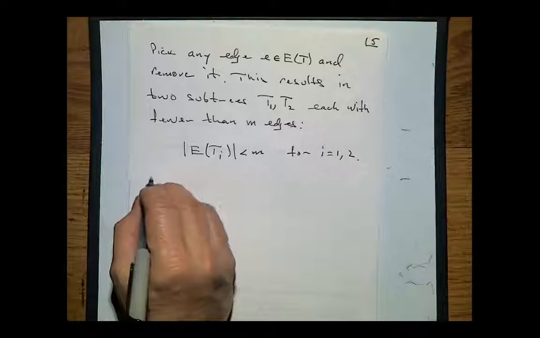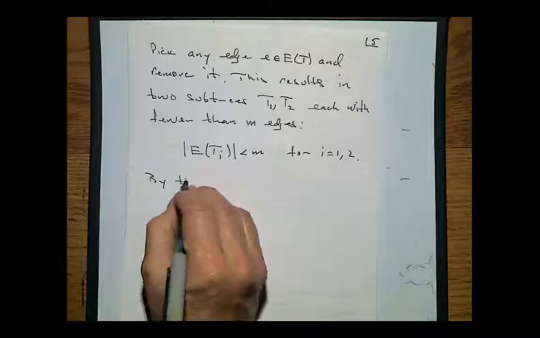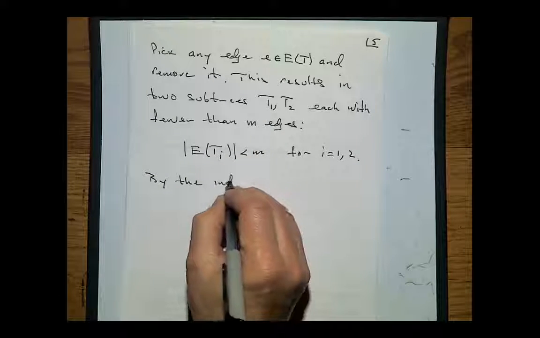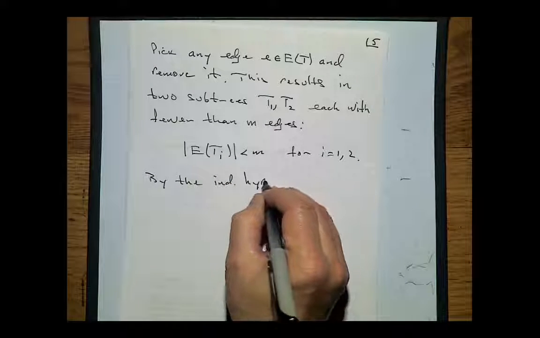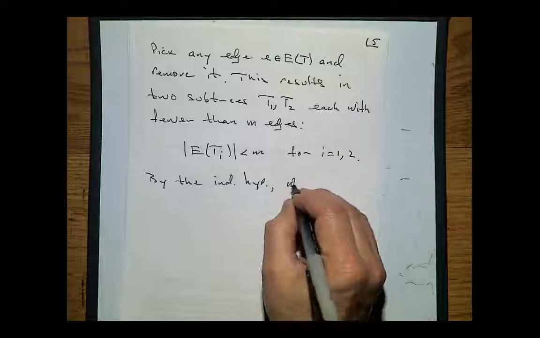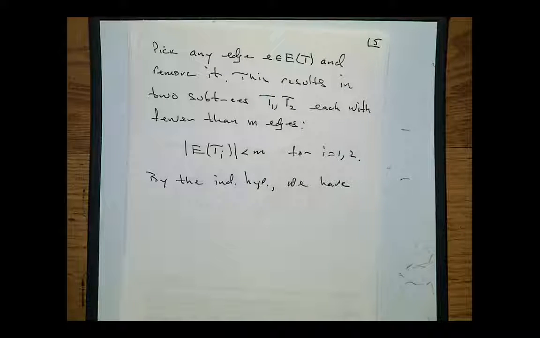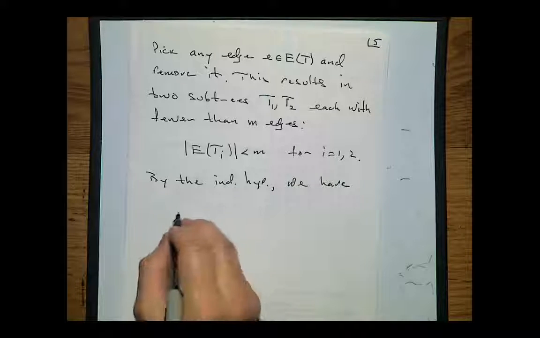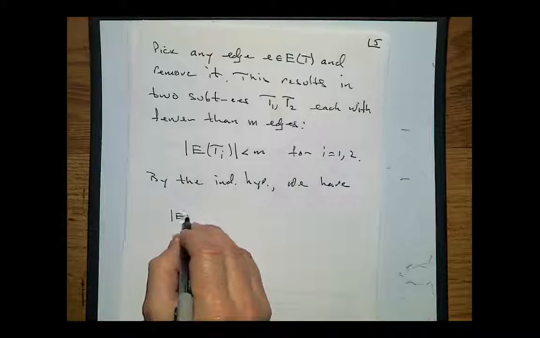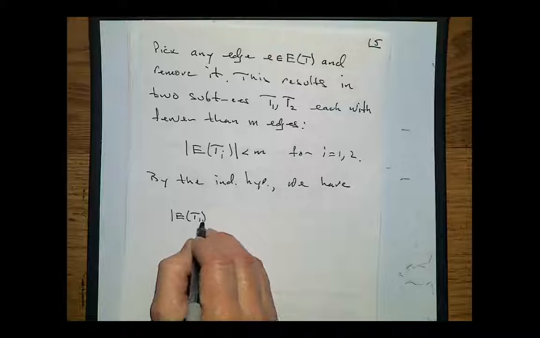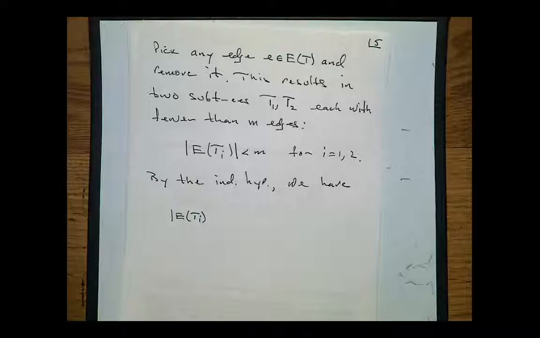By the induction hypothesis, we have that the conclusion we want is true for these two trees. So number of edges in T1, well, let's just try to say them both at once.